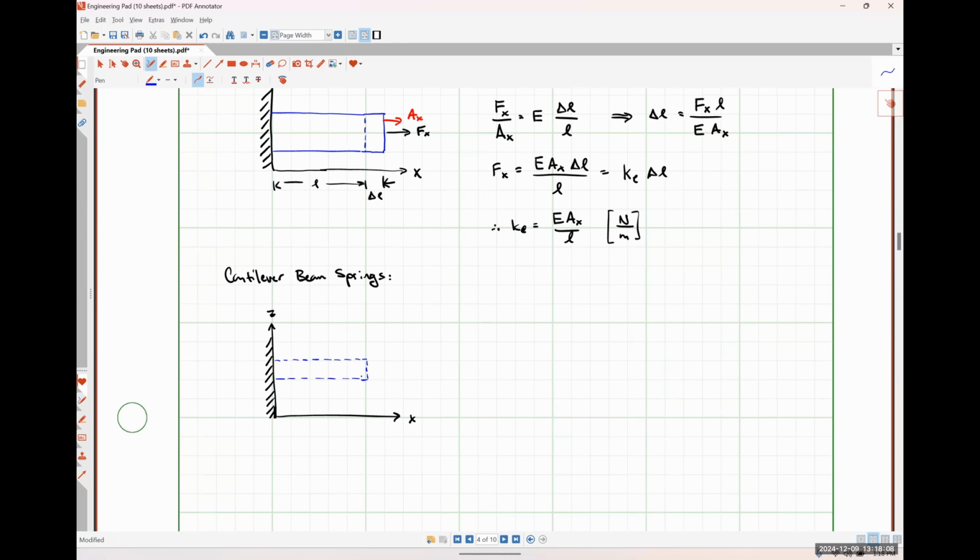Then we're going to be applying a shearing force on the end. We're going to assume that we're applying our force direction down. And so what we're going to wind up seeing, and let me put the axis of symmetry here in the middle.